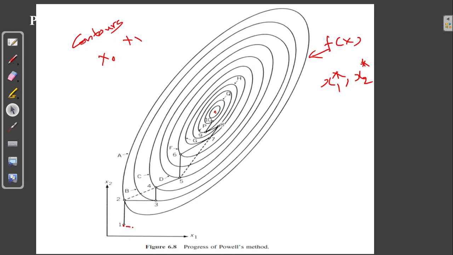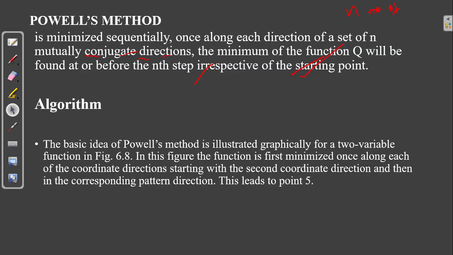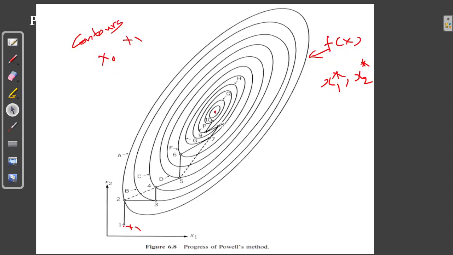This is our x1, the initial value. In Powell's method, first we will have a univariate search.